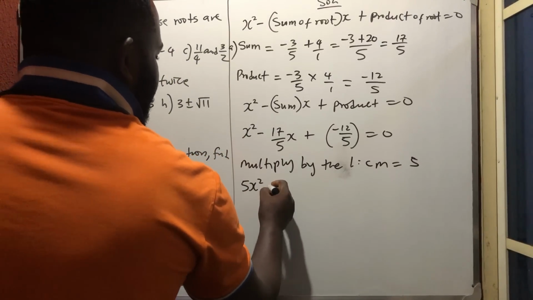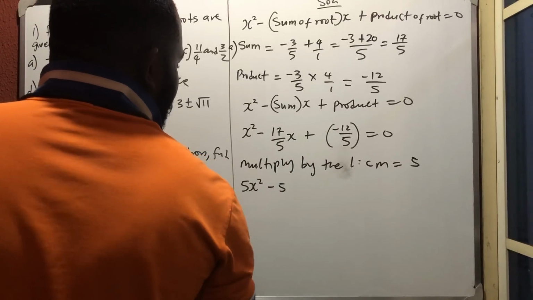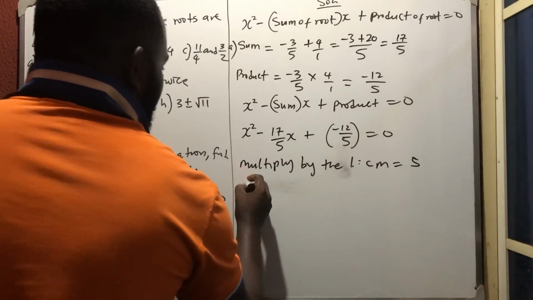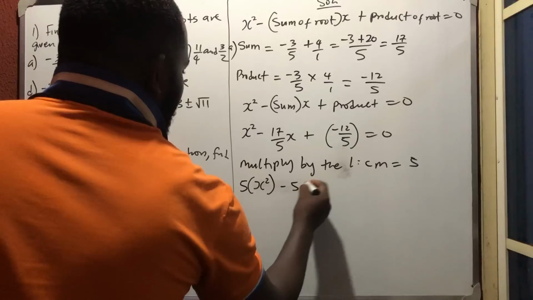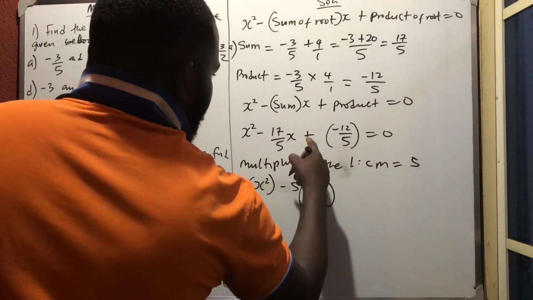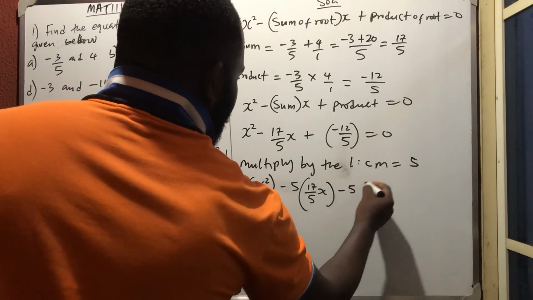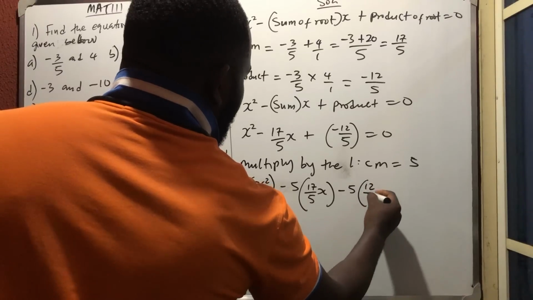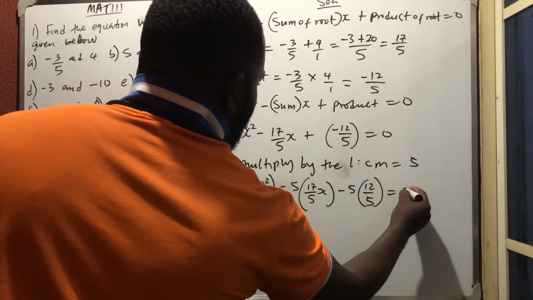Let me make you understand by saying 5 in bracket of x squared minus 5 in bracket of 17 over 5 x. Minus plus is minus, so I'm having minus 5 in bracket of 12 over 5, is equal to 5 in bracket of 0.